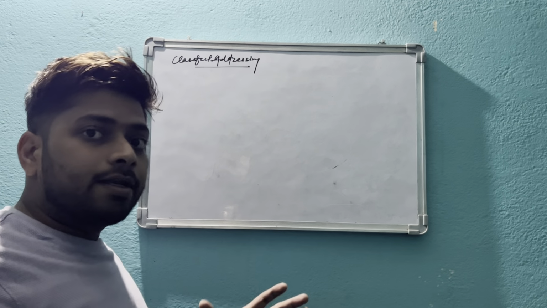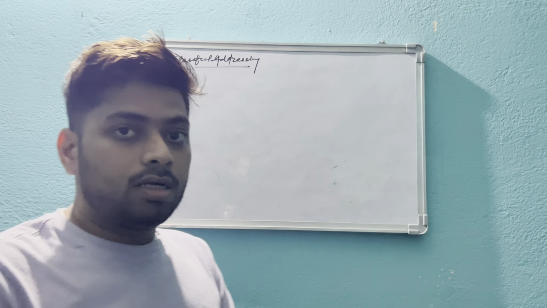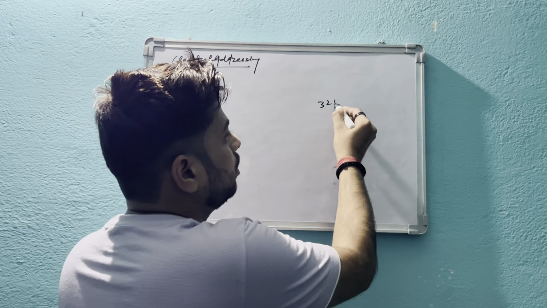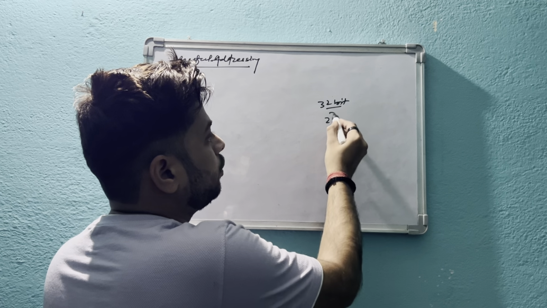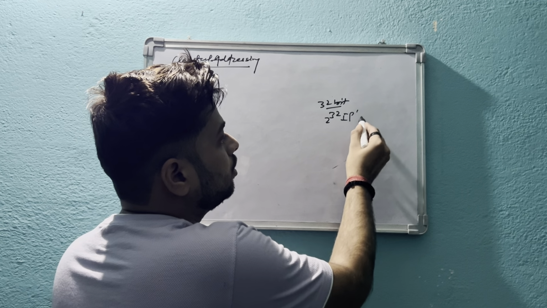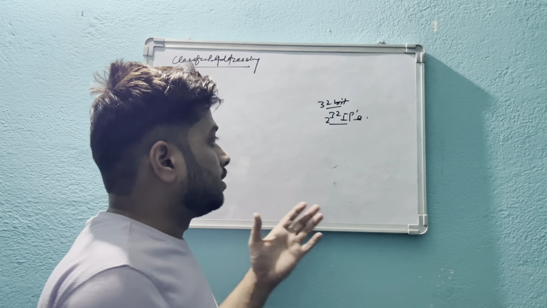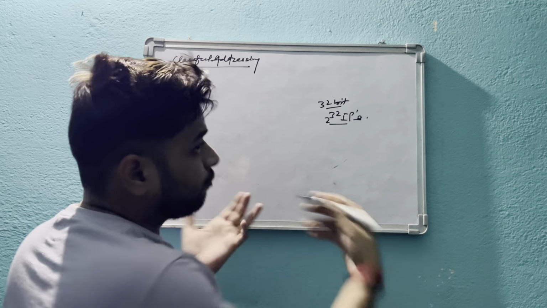In classful addressing, we basically divide our current IP system of 32 bits, that is 2 to the power 32 IPs, into some categories. That's called classes. That's why it is called classful.